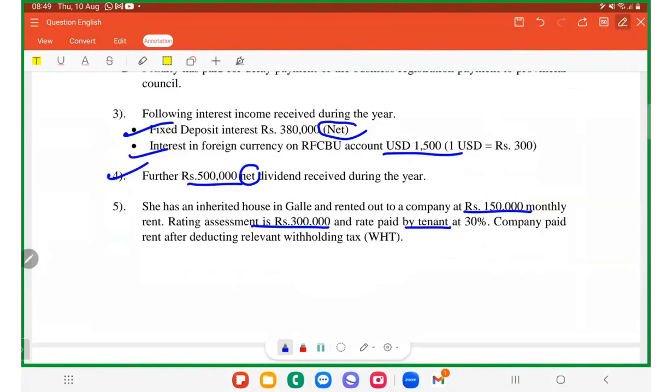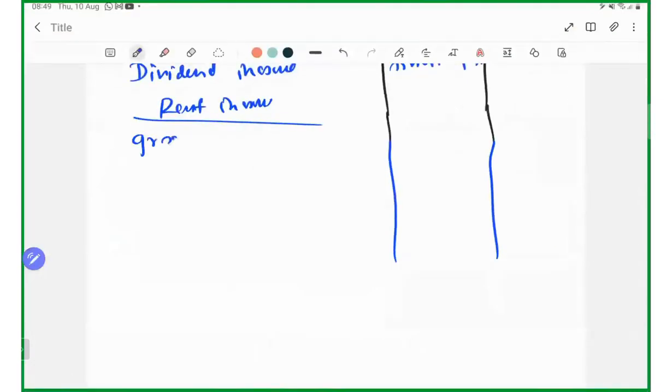The company paid rent after deducting withholding tax, meaning that it is subject to withholding tax. They have given the gross monthly rent as 150,000. So first you need to get the gross rental. 150 into 12, how much? 1,800.